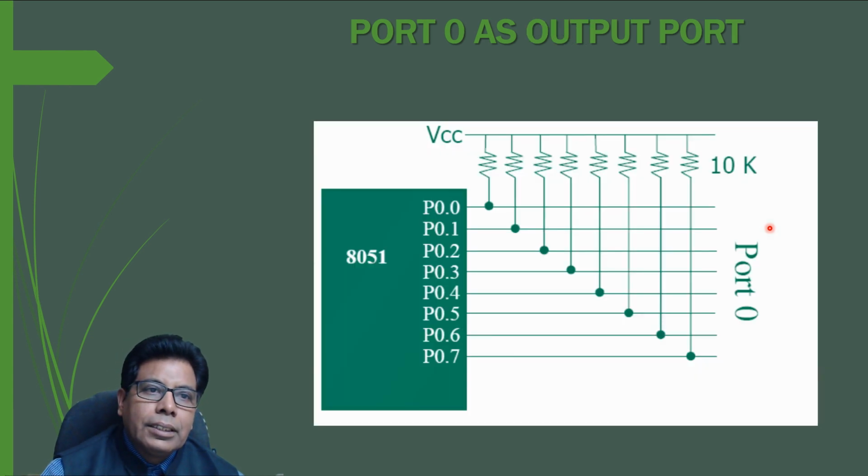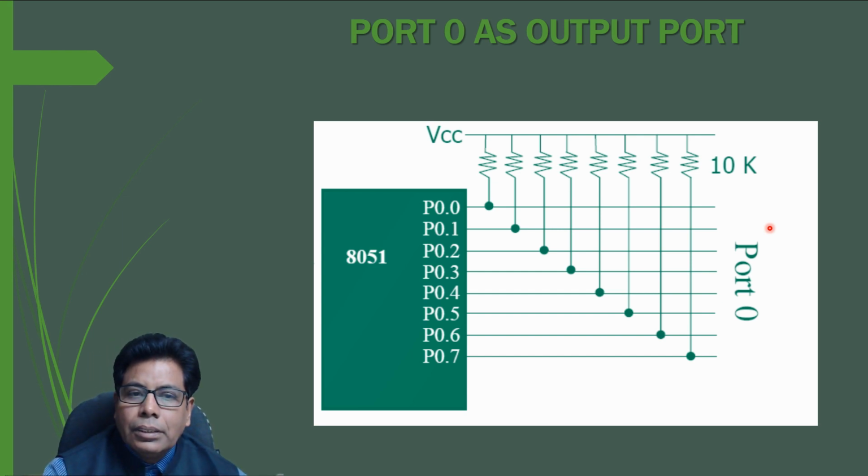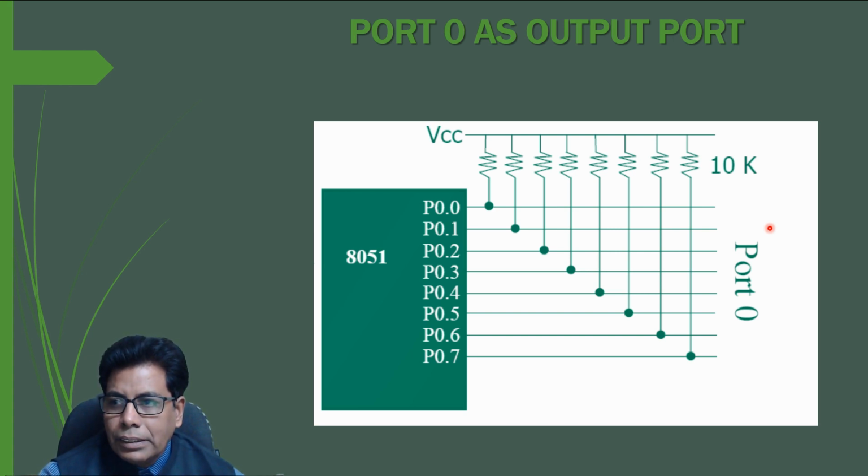Then let us go to the next part, port 0 as output port. Suppose we want to write 1 on a pin of port 0. So 1 is written to the latch, which turns off the lower MOSFET. Due to the 0 control signal, the upper FET also turns off, as we have seen in the last figure.